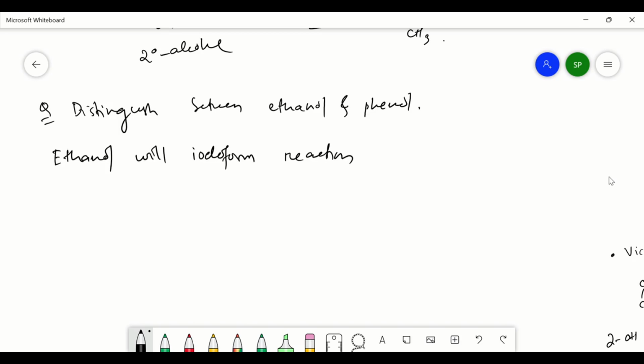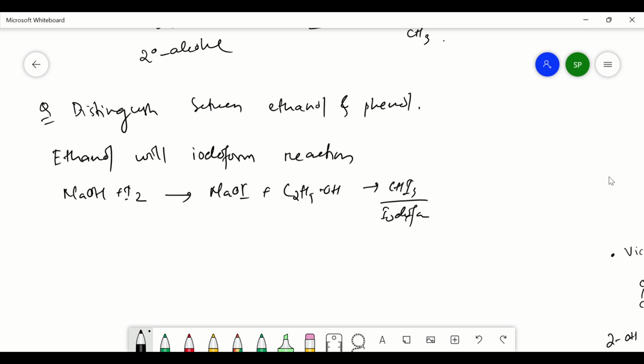If we treat with NaOH plus iodine, this will form NaOI, and this NaOI on further treatment with ethanol will form CHI3, that is iodoform, a yellow precipitate. But phenol will not react, or will not form any yellow precipitate.